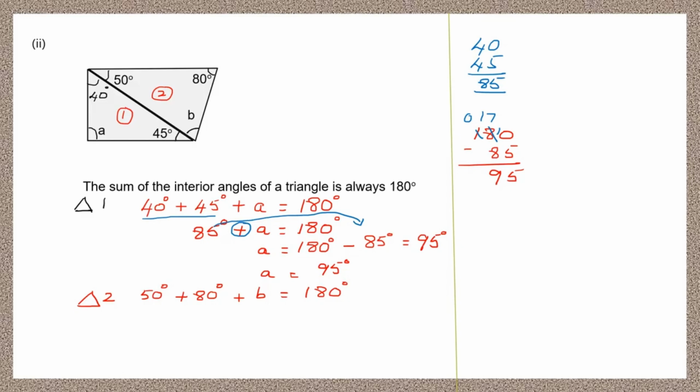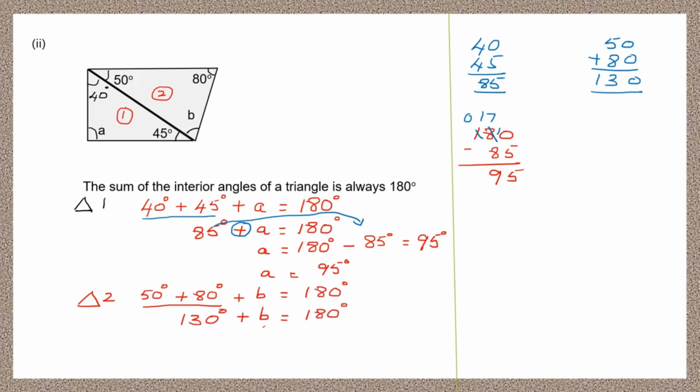Now let me add up 50 plus 80. So 50 plus 80 equals 130. So I write 130 degrees plus B is equal to 180 degrees.